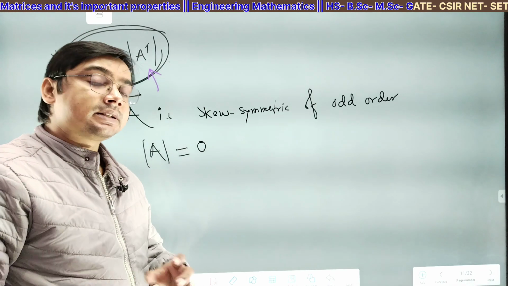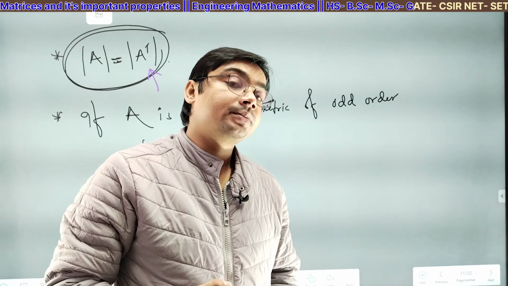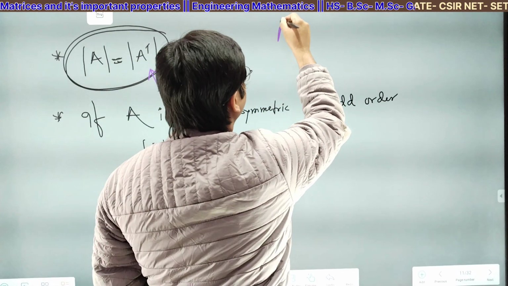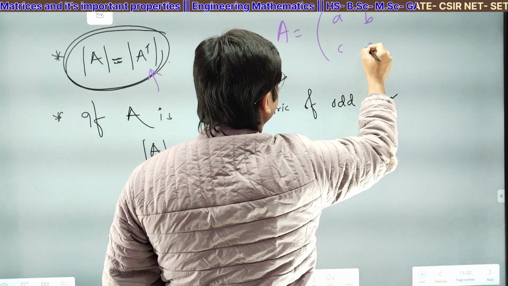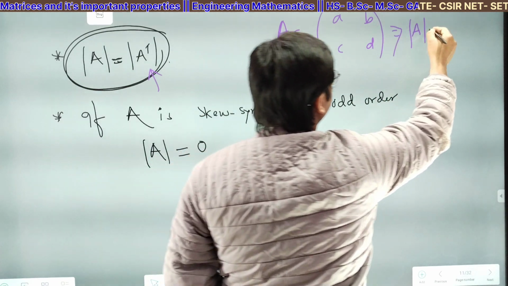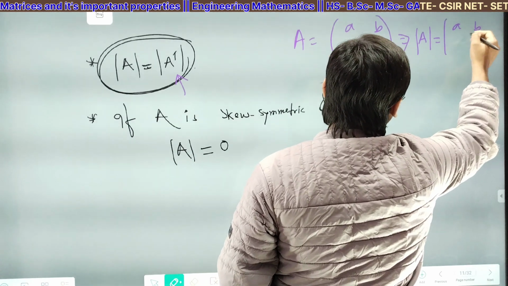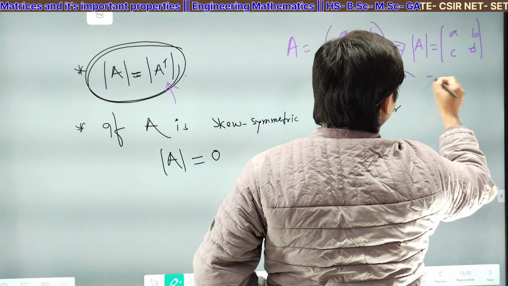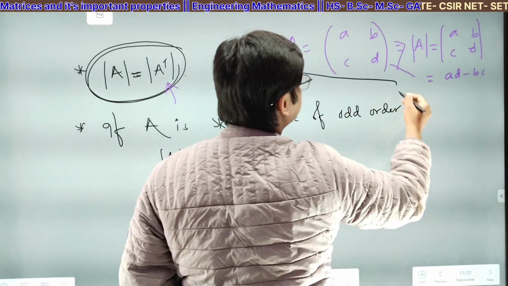That means if we interchange the rows and columns of a determinant, then the value of the determinant remains the same. Suppose the matrix A is A, B, C, D. What is the determinant of this matrix? This will be AD minus BC. So this is the determinant of A.